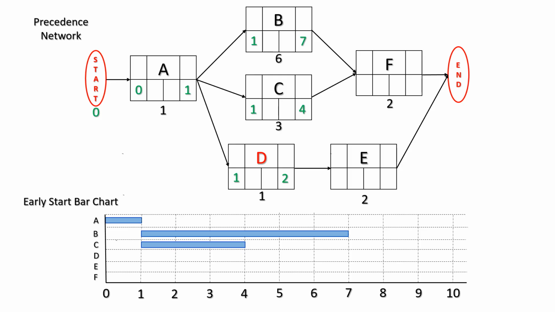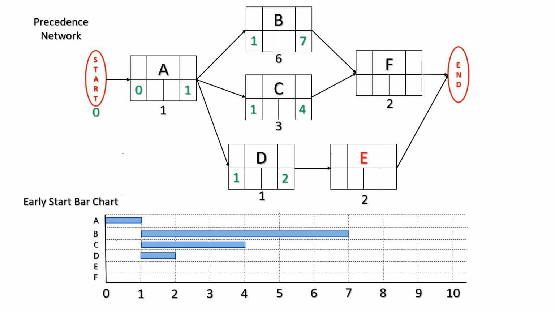And moving down to the bar chart at the bottom, we can start our arrow at the early start of 1 and draw a bar for the length of the duration, which is 1, and we will end up at the early finish of activity D. We can check by simply examining the early finish of D, which is 2. And there we have the early performance of activity D.